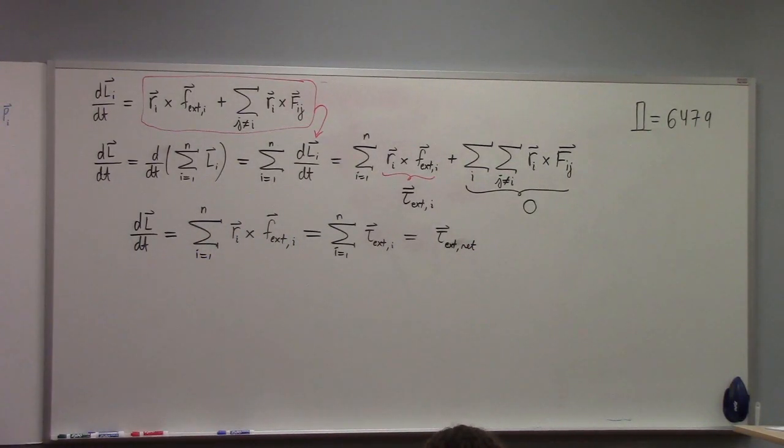Of course, you could justifiably just say it's the net torque because the net internal torque works out to 0. So the net external and the net total are the same.